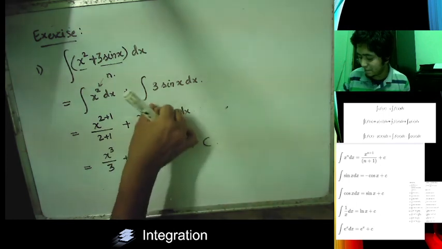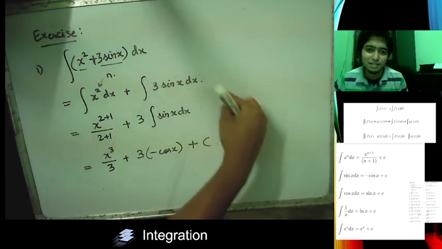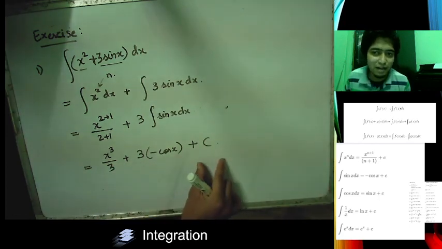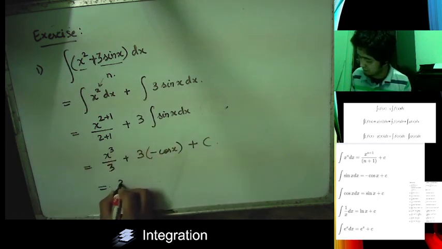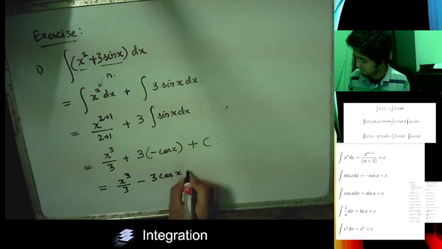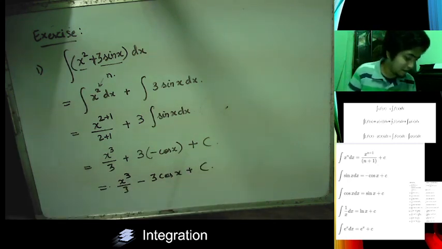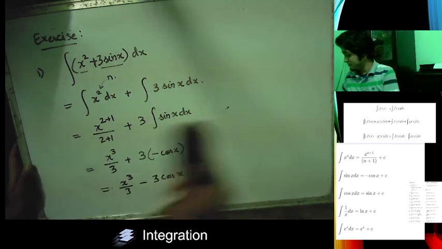Over here I am still having an integral sign, that is why I'm not writing plus c, but afterwards I am no longer having an integral sign, so I write plus c. So you will be having this. This is the first exercise, which is of course very easy.